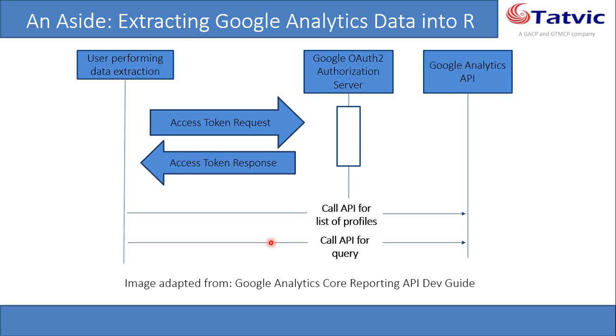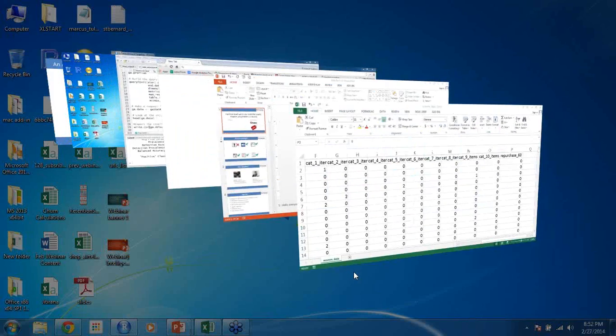Now I know this entire image sounds very scary, but I am trying to build a mental model of what the R code is actually doing in the backend, so that people might gain more intuition into the data extraction step. And with that, I'll jump on to R and let us extract some data.